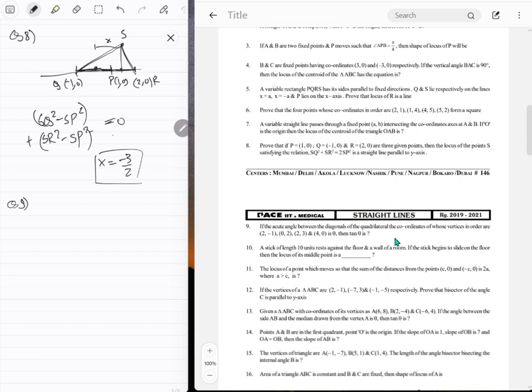So the first diagonal is between (2, minus 1) and (2, 3), which is basically just x equal to 2. I mean, that's the line passing through them. Slope is infinity, if you will. So it's just x equal to 2. And the other diagonal will be (0, 2) and (4, 0).